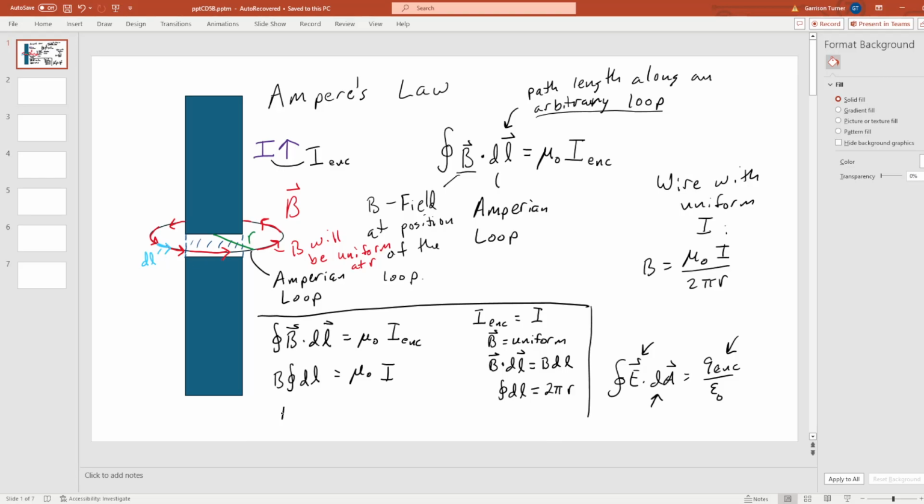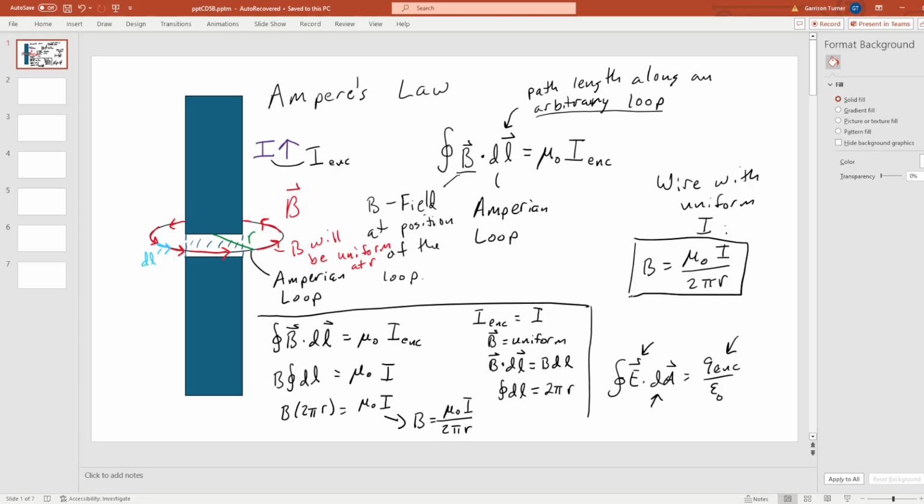Okay, so this becomes B times 2 pi r equals mu naught I, which leads to B equaling mu naught I over 2 pi r. Okay. So we can see that we recover the exact same formula that we did by applying the Biot-Savart law.